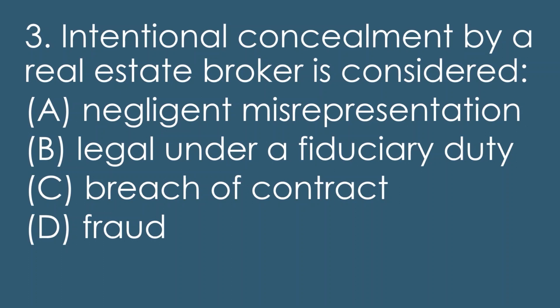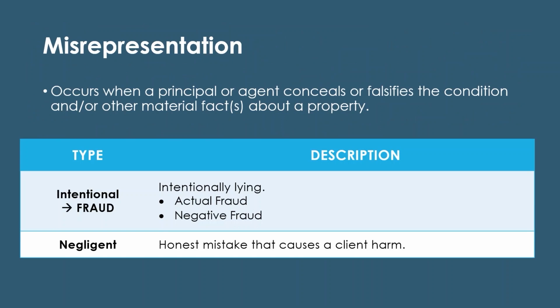It's intentional concealment. So we know this is intentional misrepresentation, which is another nice way of saying fraud. Even though you didn't maybe specifically lie, you omitted something of relevance, of importance. And so that is still fraud. And to break down what misrepresentation is and the types.